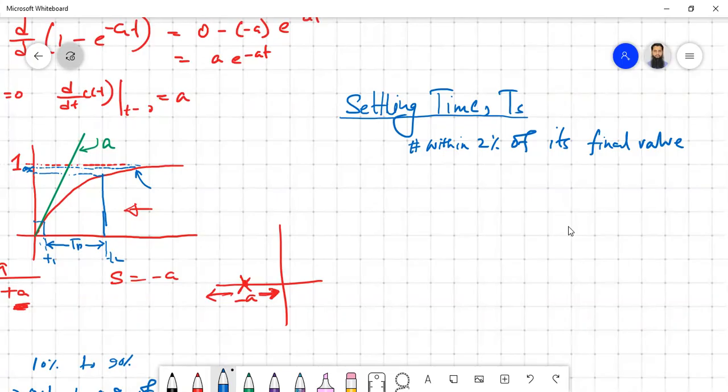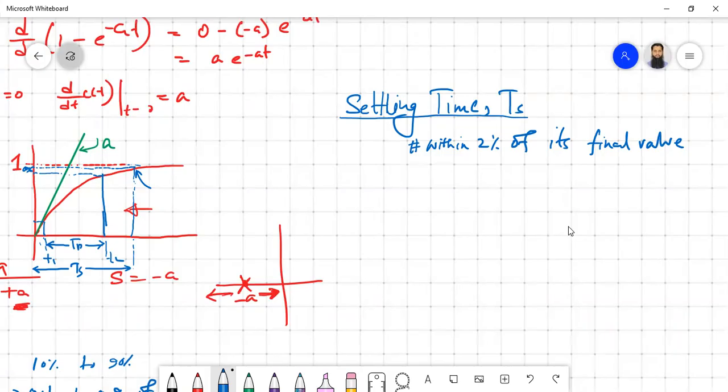We'll be discussing that later. But within that 2% of the final value, how much time it takes, you have to figure out that time. Okay, so that will be your settling time TS. The time it takes to reach within that 2% of the final value, that is your settling time.